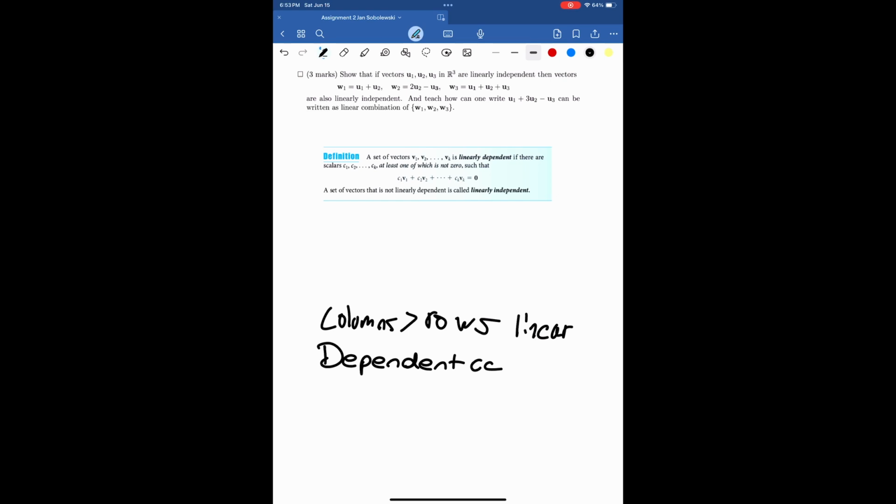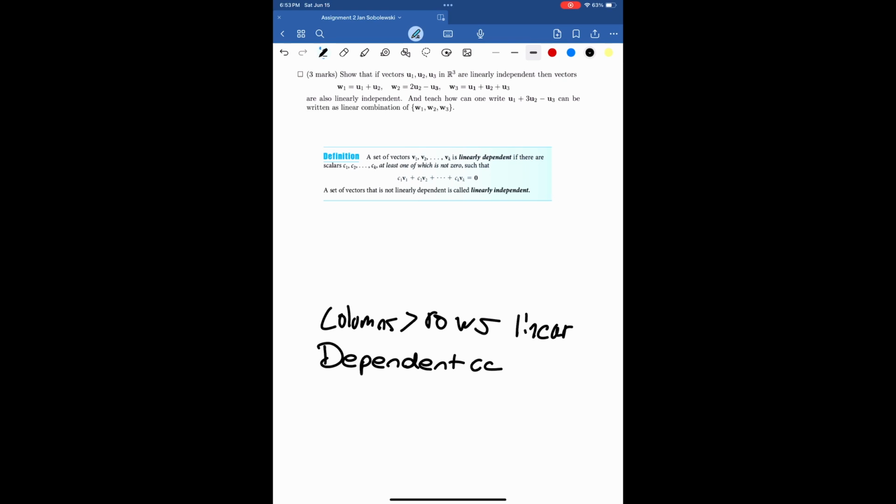First things first, the definition of linear independence: if there exists a non-trivial linear combination of the vectors that equals the zero vector, then it's linearly dependent.